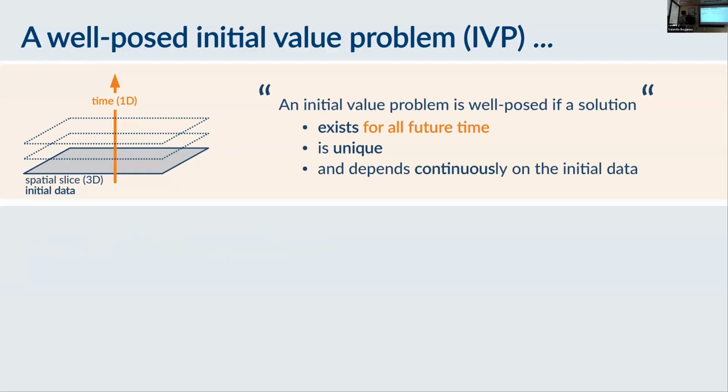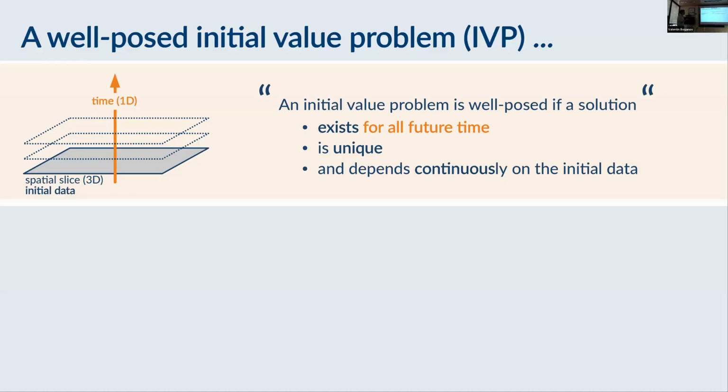All right. So well-posedness, what we mean is that if you want to set up an initial value problem, meaning that we slice our space-time into spatial slices and a time direction, we put initial data on the spatial slice. Then we want the propagation of that initial data to exist.